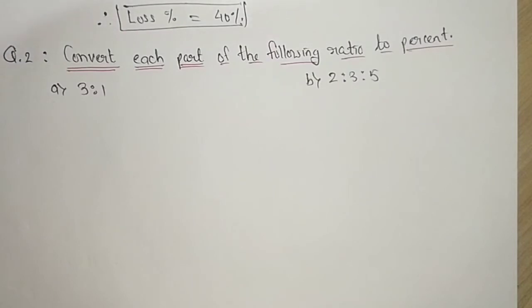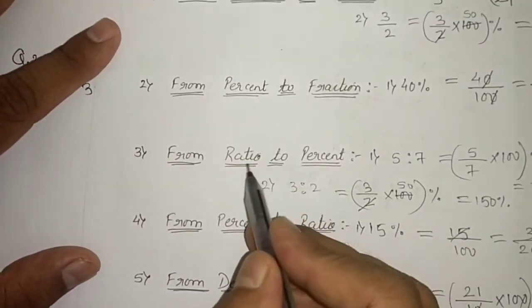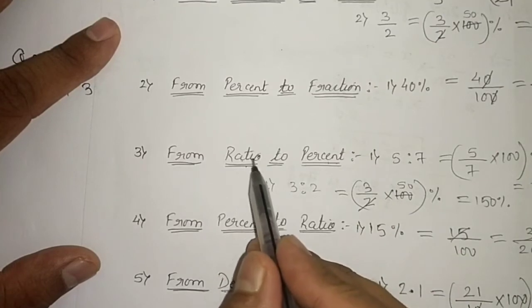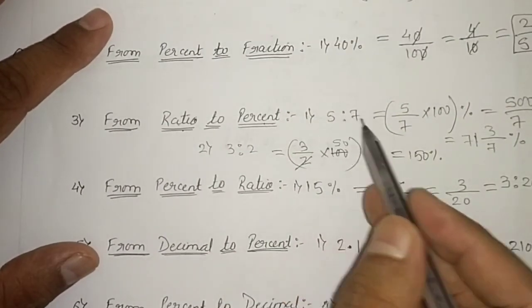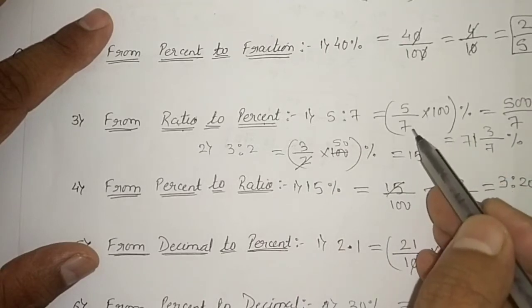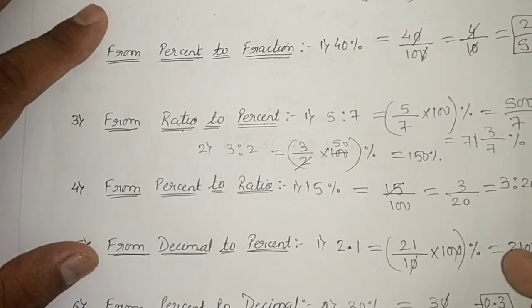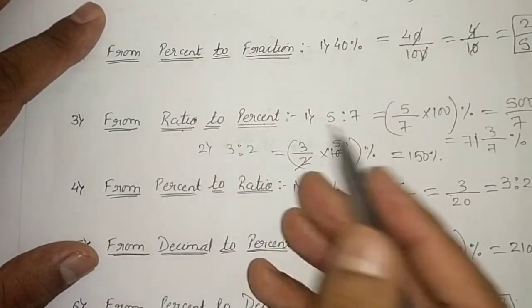In lecture number 1, the introduction of exercise 8.2, I have told you that to convert the ratio to percentage, whatever the ratio is given, you will write it in the fraction form and multiply it by 100 and you will get the percentage.